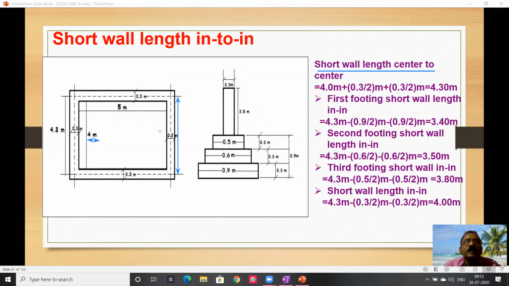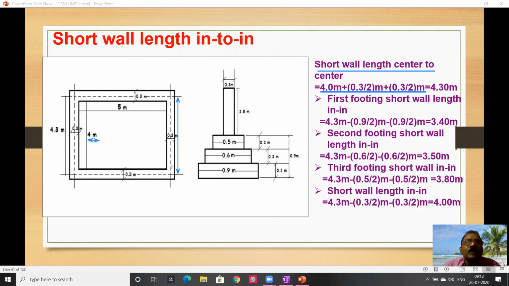So here you have to add half of the width this side, half of the width this side. So what we are doing here is adding 4 meters plus 0.3 by 2 on one side and 0.3 by 2 on the other side, that is 4.3 meters.